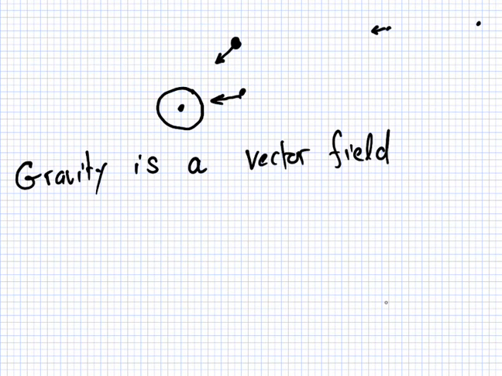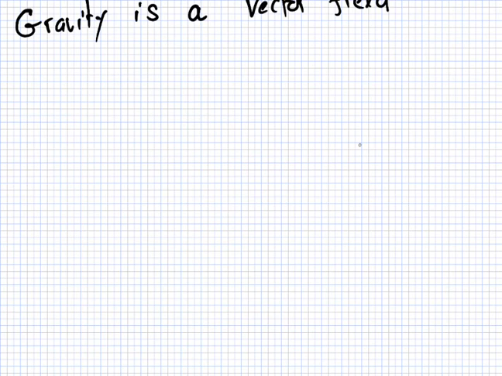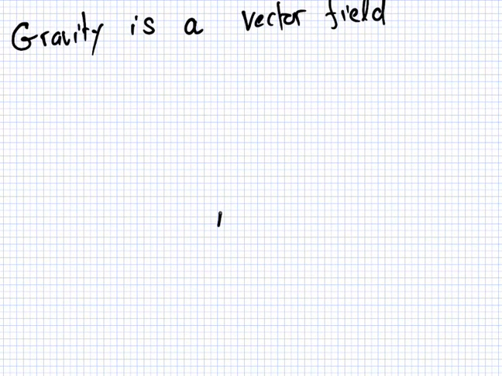Okay, so the first thing is we're going to draw it. So if I just go down, if you have a mass m, this is what its field looks like. So here the vectors will be very long.